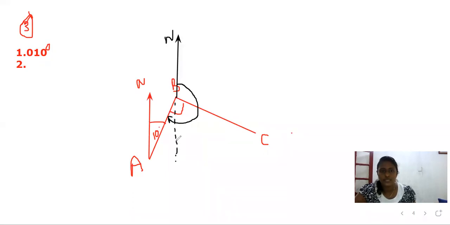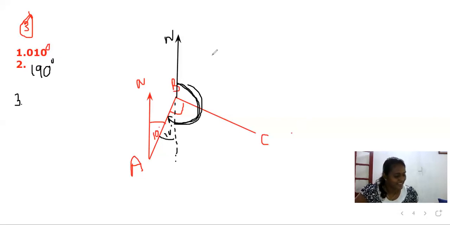Then you are sure that this is 10. What is the relationship? Alternate angles. If this is 10, how much is the value up to here? 180. Then 180 plus 10, that is 190 degrees for the second question. Are you all clear? Are you fine?